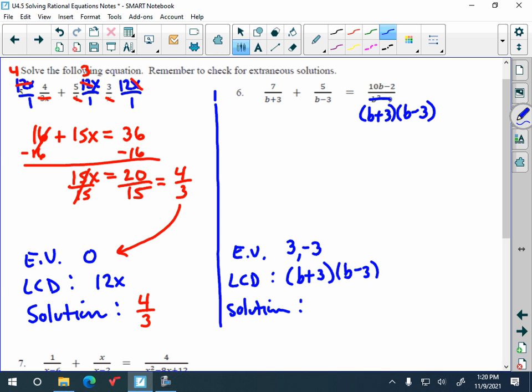All right, so then we'll just multiply everything by that LCD. All right, and then we'll cross cancel.